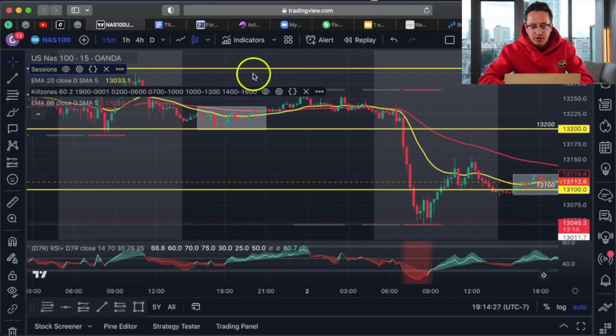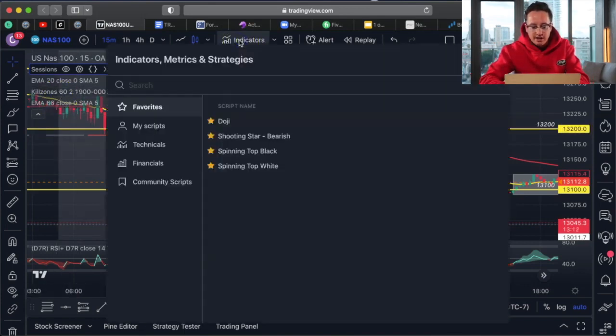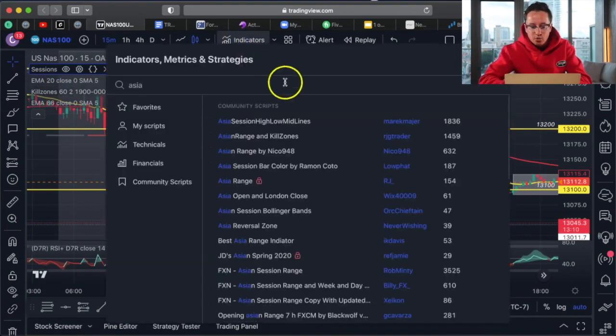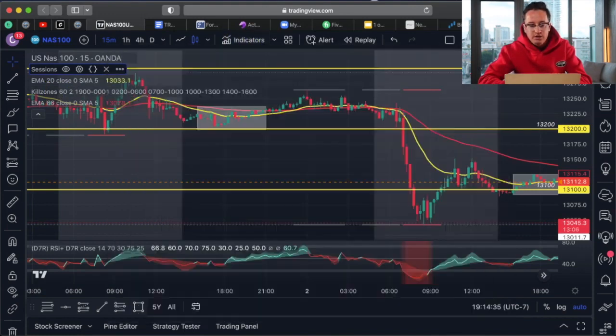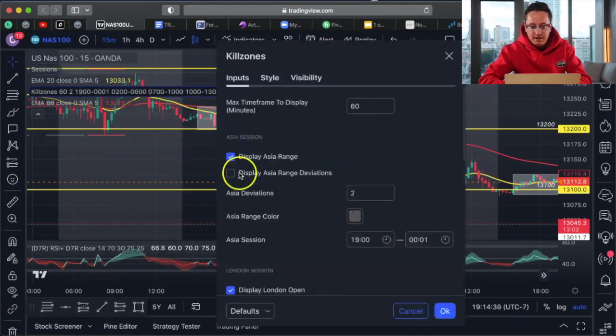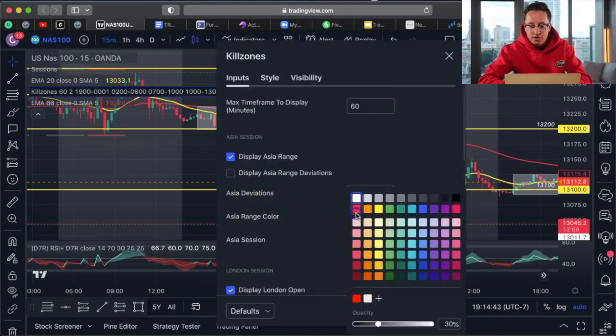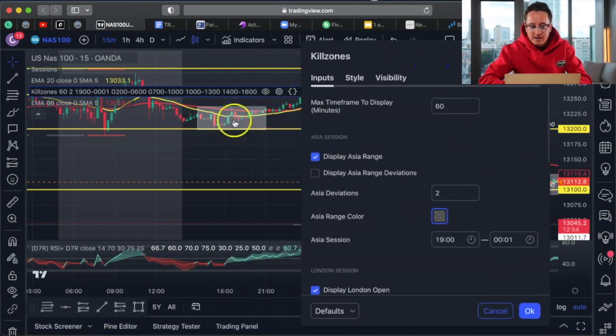Next one is going to be our kill zones indicator. So if we go to indicators and type in Asia, we're going to get the Asia range and kill zones right here. Once you get that, this is what we're going to be focused on, the Asia range right here. So the Asia range color, you can make it white. I have it at 30%, and we can see that it is right here on my chart.